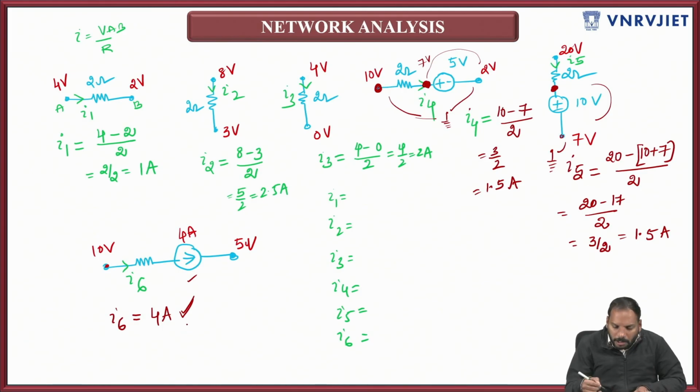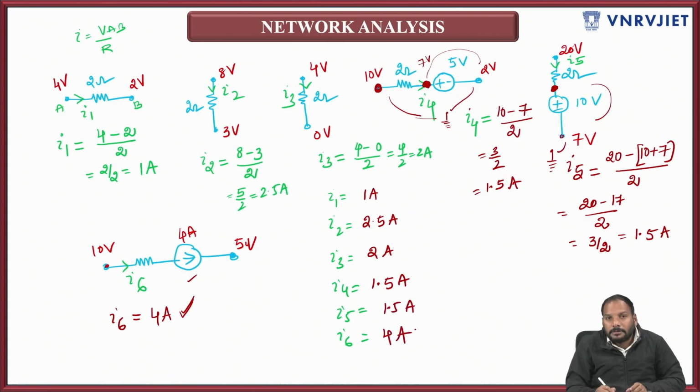Now I'll copy all these values. I1 is 1 ampere, I2 is 2.5 ampere, I3 is 2 ampere, I4 is 1.5 ampere, I5 is 1.5 ampere, and I6 is 4 amperes. So this is how you can apply the logic of Ohm's law to get the branch currents if all the nodal voltages are known.